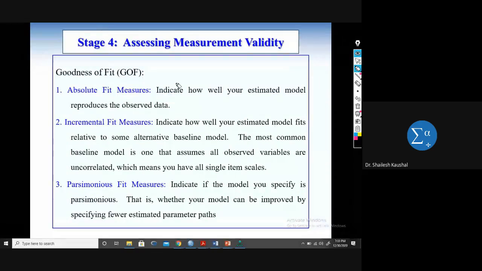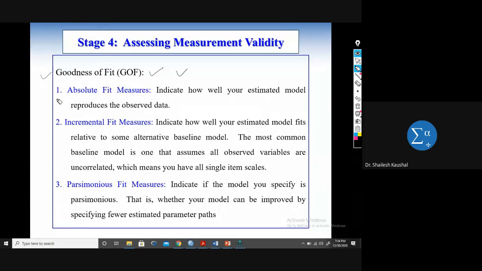There are 2 approaches to produce our results: one is the goodness of fit indices, whether our model fits or not, and second is validity. First of all I am explaining the goodness of fit indices of the model.